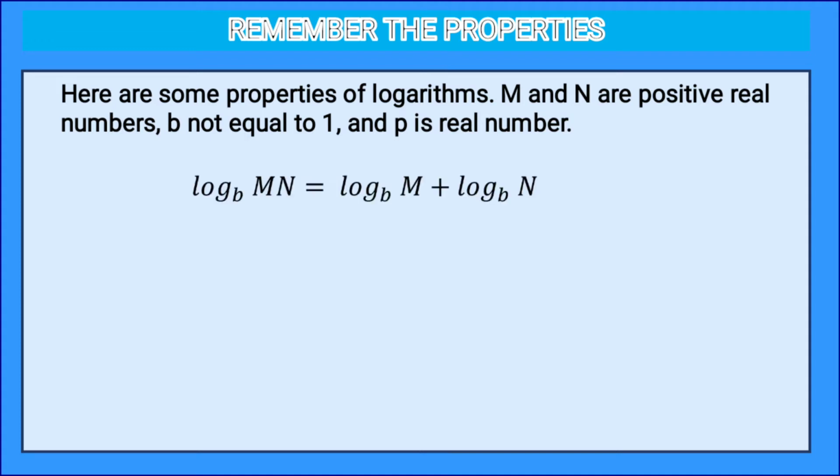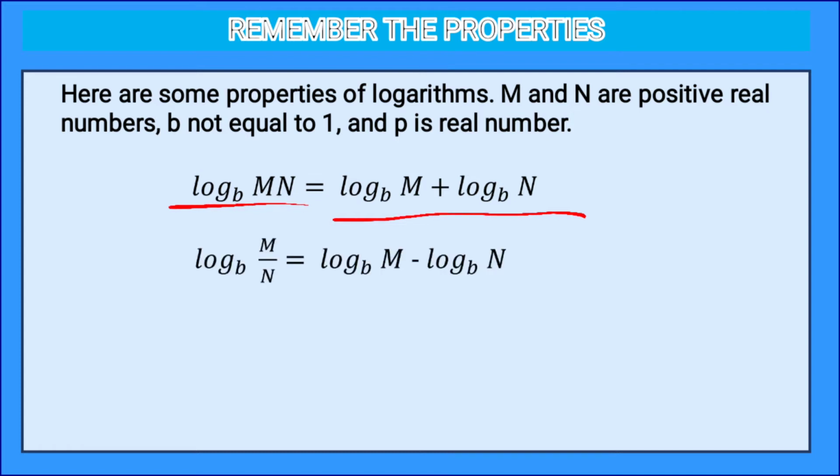If we have a sum of logarithms, it is equal to the logarithm of the product. That's the clue. And when we encounter a difference of logarithms, we can transform it into the logarithm of a quotient.